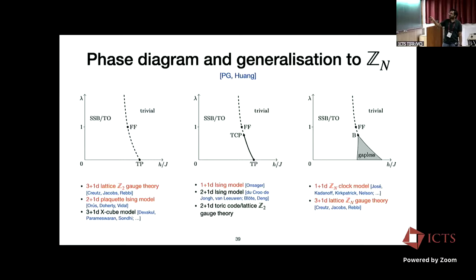In that case, this line should be vertical at h equal to 1, but this self-dual line goes through this gapless window. And this bifurcation point must be along that self-dual line. These two lines must be related by self-duality.